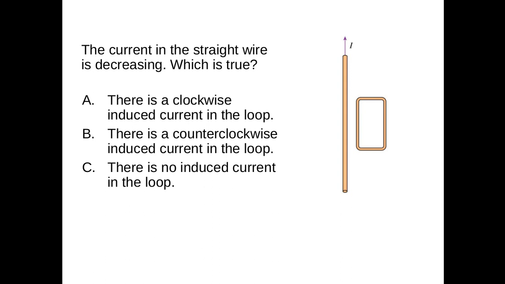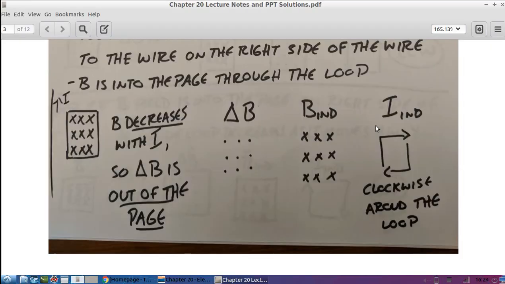So we turn the current down in the wire. What does that mean? My magnetic field is still going into the page here, but it's getting weaker. So my magnetic field is decreasing. B initial is really, really strong into the page.